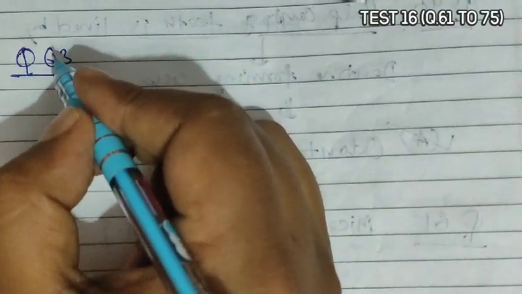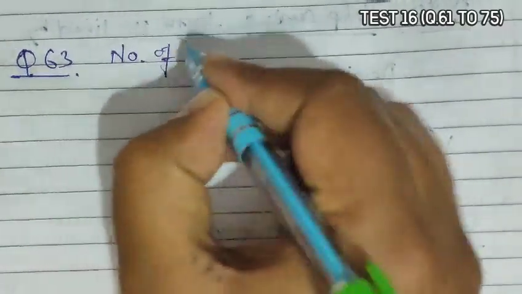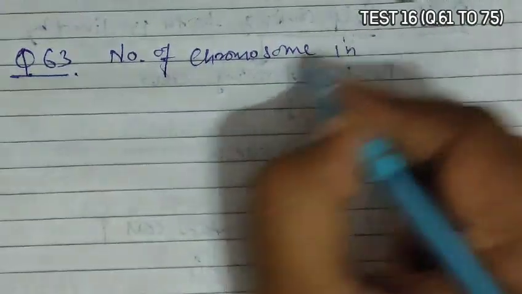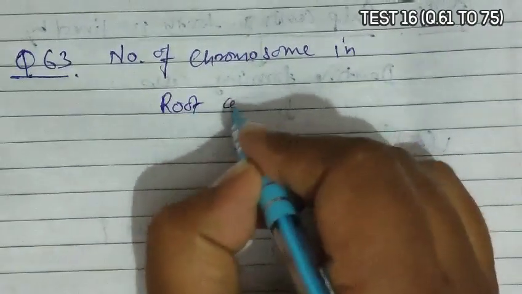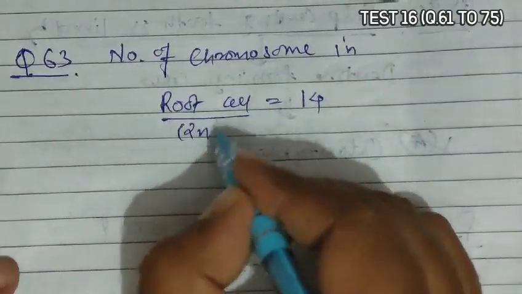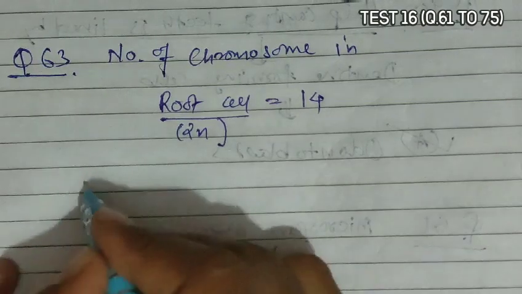Question 63. Question 63 asks that if the number of chromosomes in root cells is 14, what will be the number of chromosomes in synergid? Now root cells are diploid cells, so 2n is equal to 14.